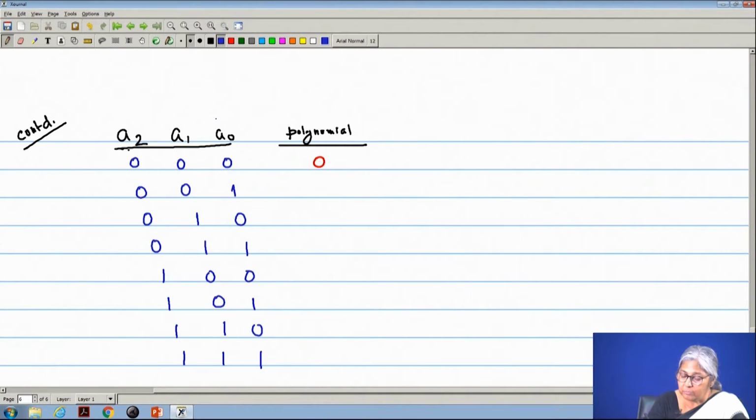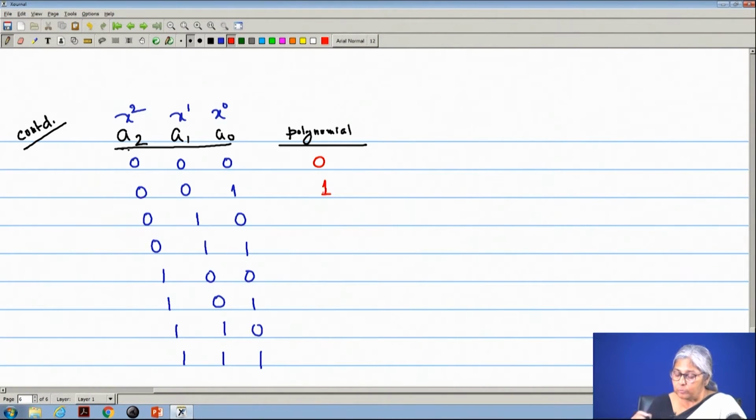The position wise, this is my x to the power 0 term, this is x to the power 1 term and x to the power 2 term, because it is a2 x square, a1 x and a0. So, I can write that it is 0 0 and this is 1, x to the power 0 is 1.